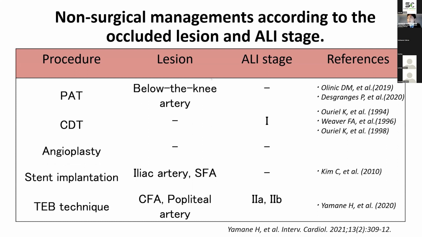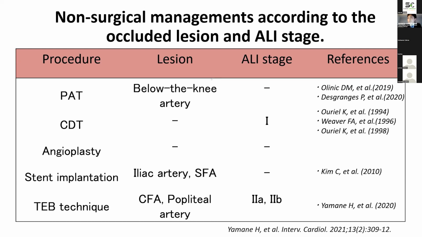Angioplasty is available for any lesion, stage, and etiology. But we need to understand the effectiveness is limited. Stent implantation is often effective and it has a high success rate, but we shouldn't deploy them in the non-stenting zone such as CFA or popliteal artery.